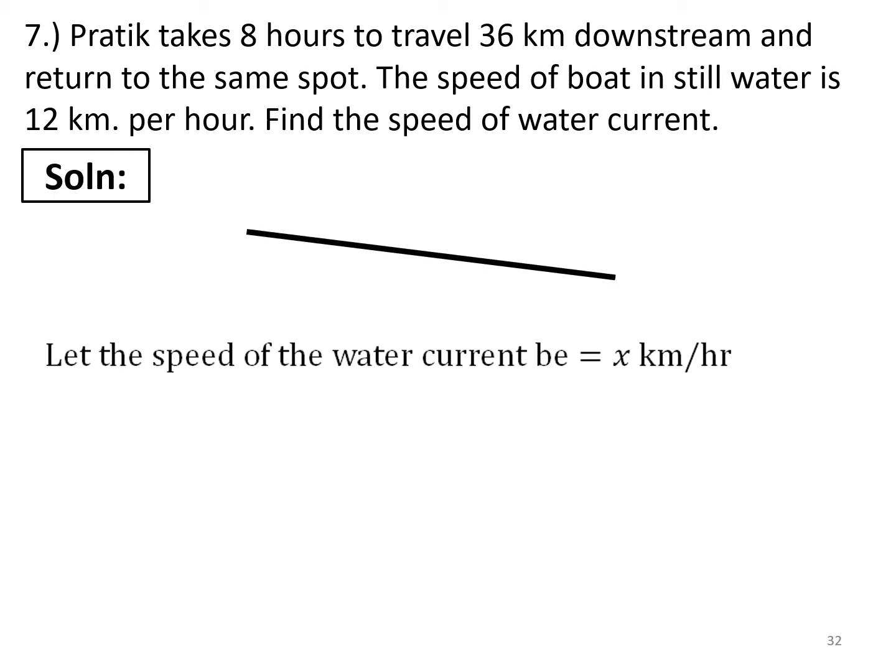Now this is the water current, this is the water which I have shown. The boat is here. When it is going downwards, the flow of the water current is also in the same direction.